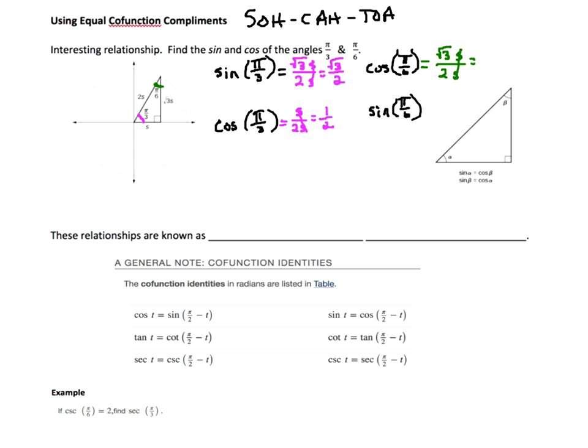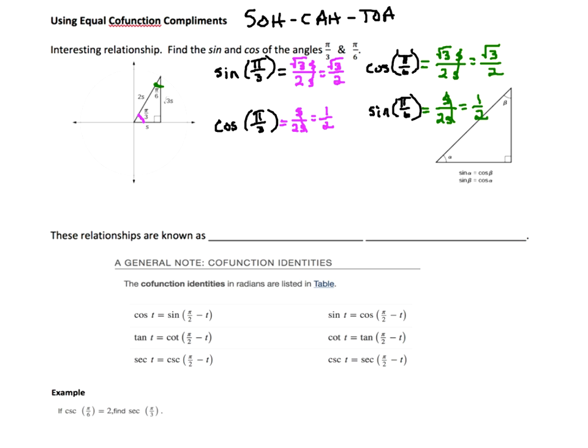My s's divide out, square root 3 over 2. And the sine is the opposite, which is s, over the hypotenuse 2s. My s's divide out, and I get 1/2.